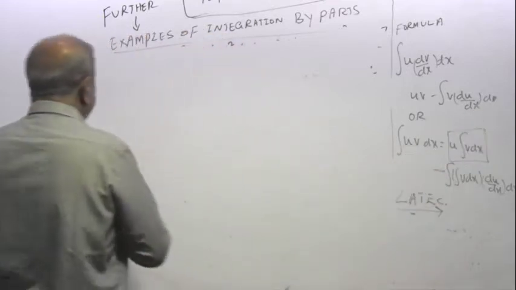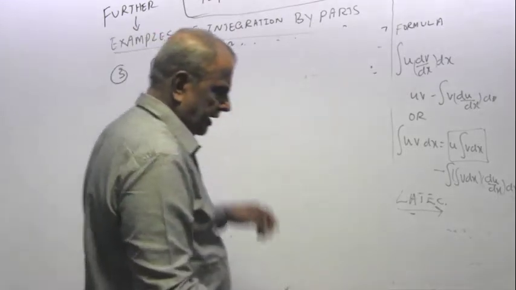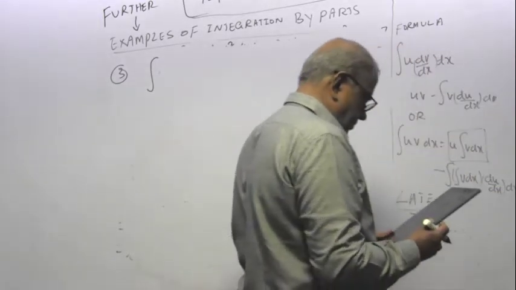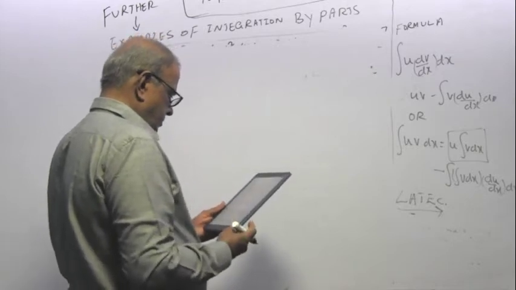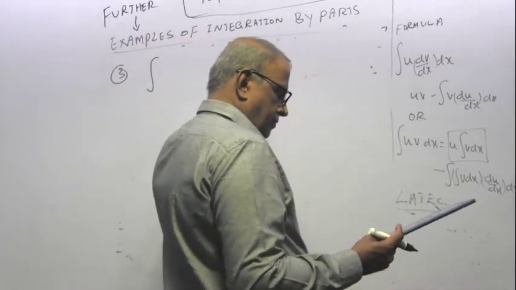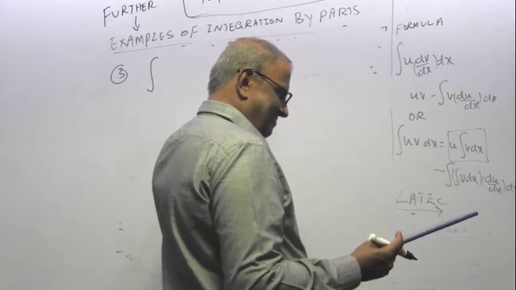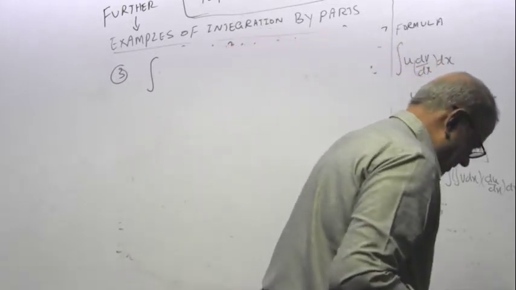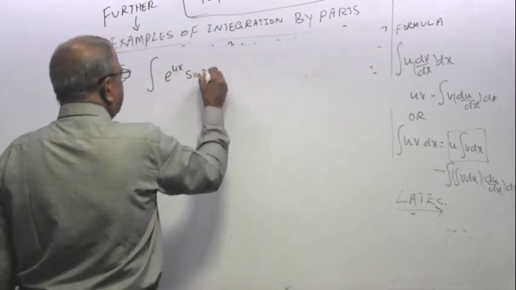The third is: integral e power 4x sine 3x dx.